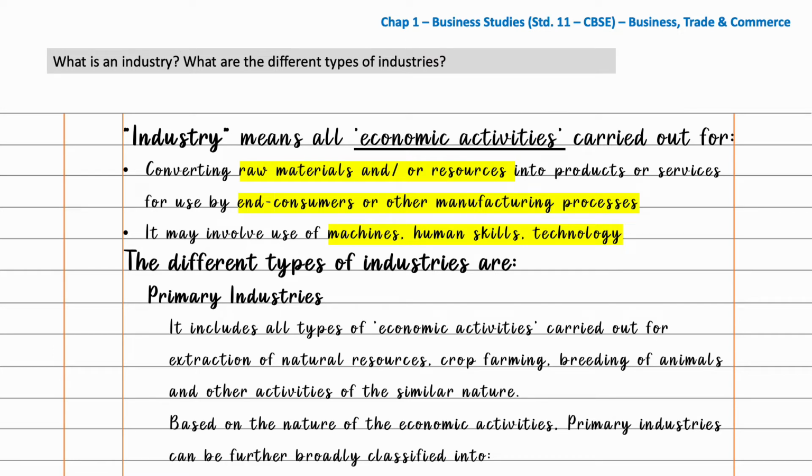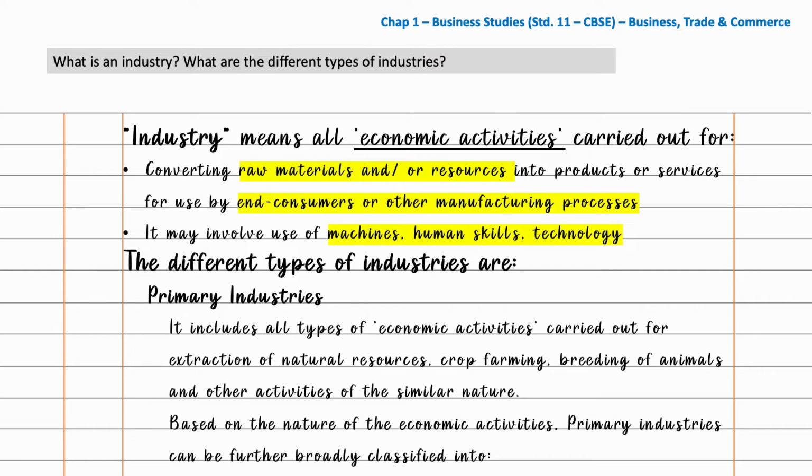Here in primary industry, what we mean is that economic activities are of a specific nature, which is that we are directly dealing with the natural resources. So we are trying to extract something from nature. We are trying to create something from nature. So let's say crop farming, or for that matter, we are using living animals.